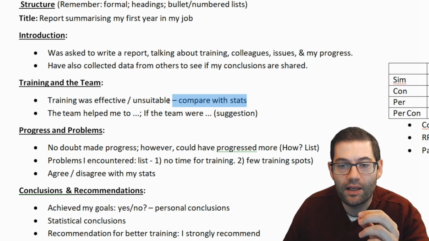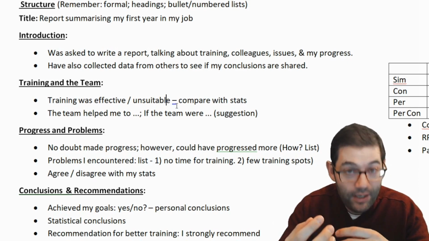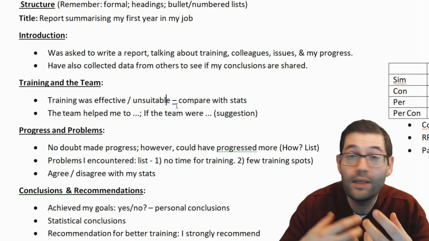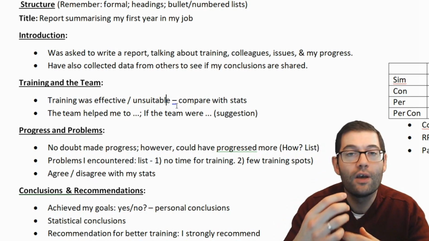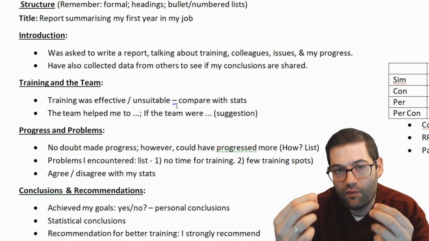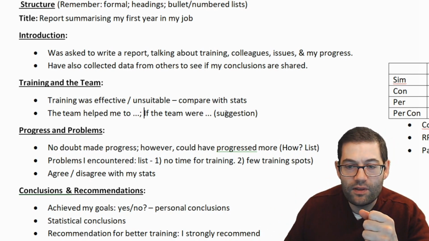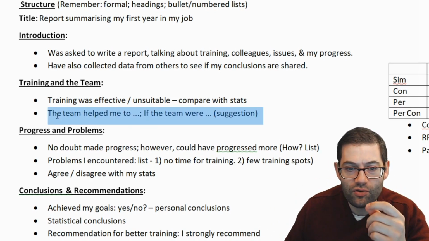So you might say something like, I think the training was effective, however, the statistics from my fellow employees showed that the training could be improved. Or so you create a contrast, and you do this purely for the purpose of showing off your English language skills.